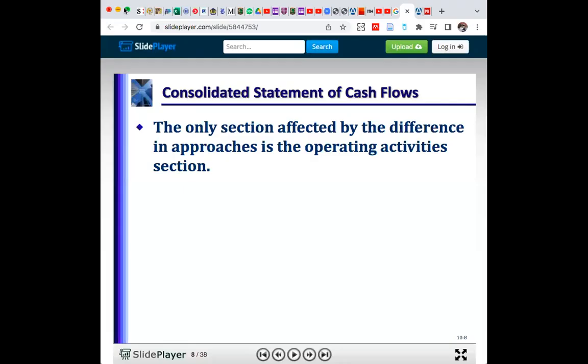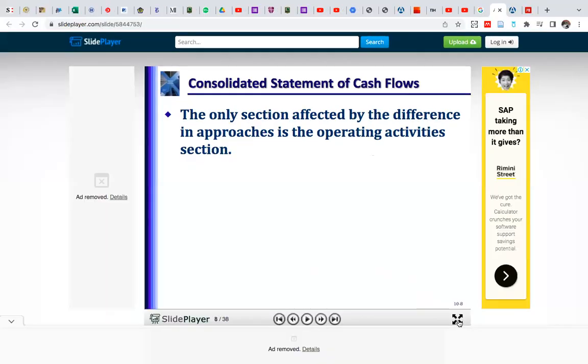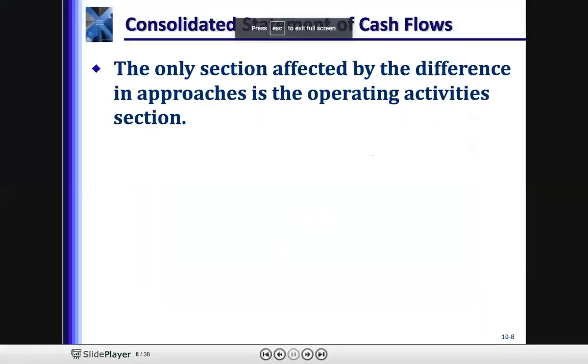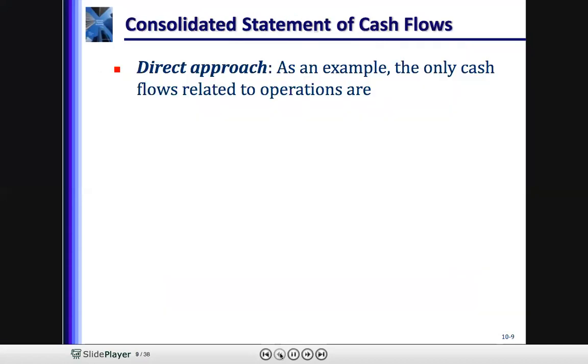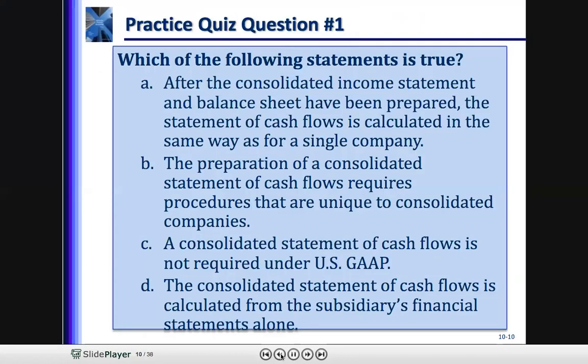Okay, I'm going to show you a slide for the last one. Oh my God, it disappeared so fast.